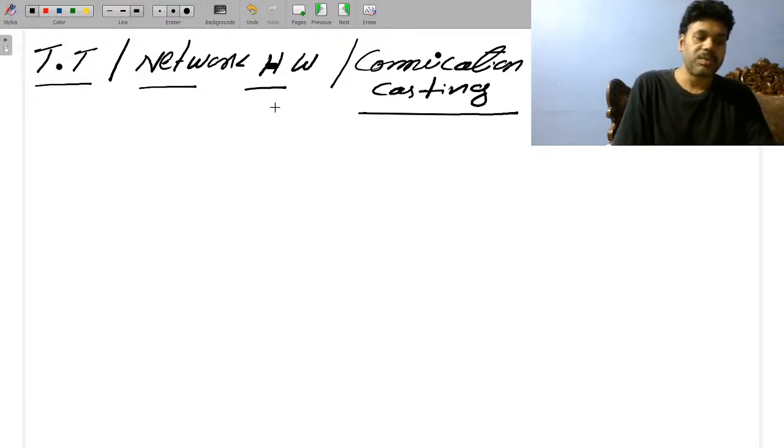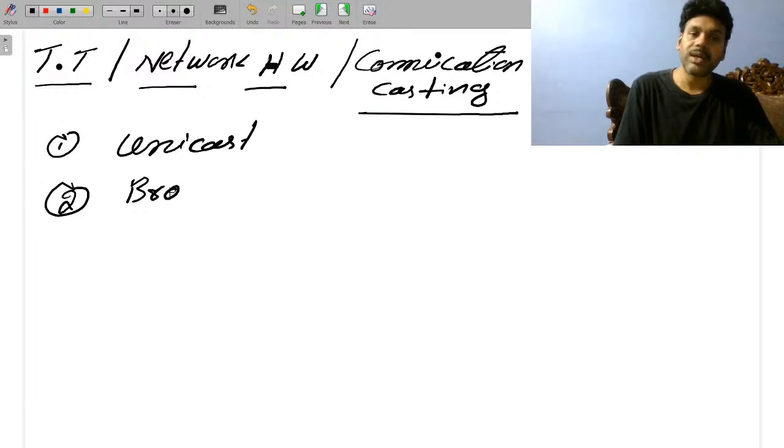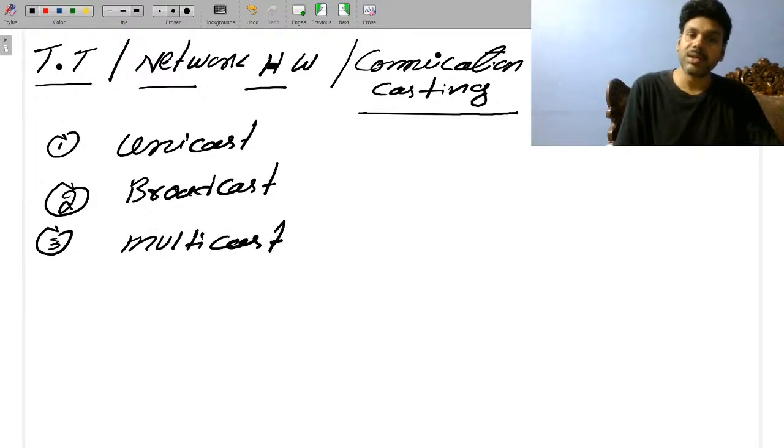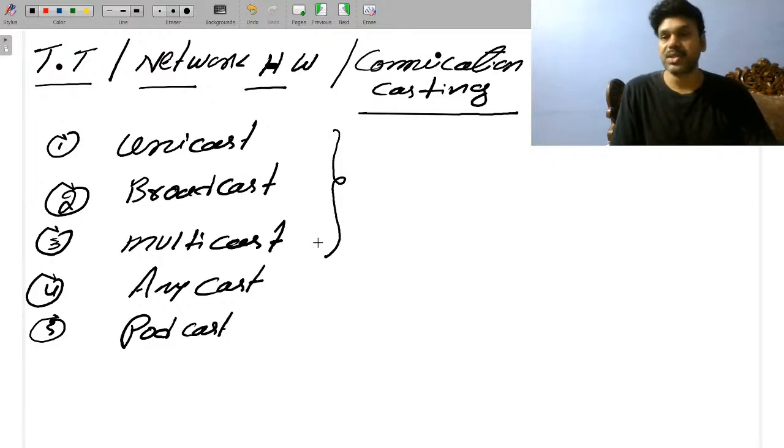Whether you are going to do unicast, or whether you are going to do broadcast, or we would like to use groupcast communication, which is nothing but a multicast. And number four, ecast. Number five, podcast. We are very much aware of these three, and I'm going to discuss in detail how it is completely relevant to our upper layer protocols.